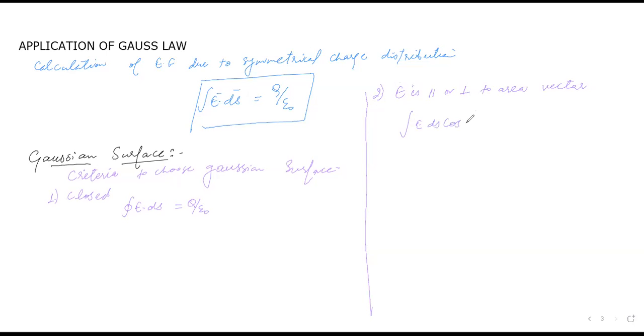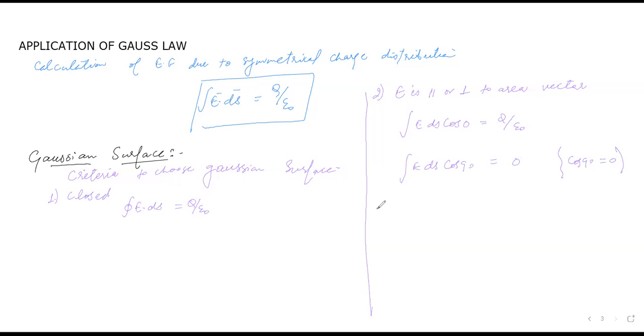If your theta is 0, the value is Q over epsilon naught. And if cos theta is at 90 degrees, then your value is 0. Why? Because we already know cos 90 is 0.